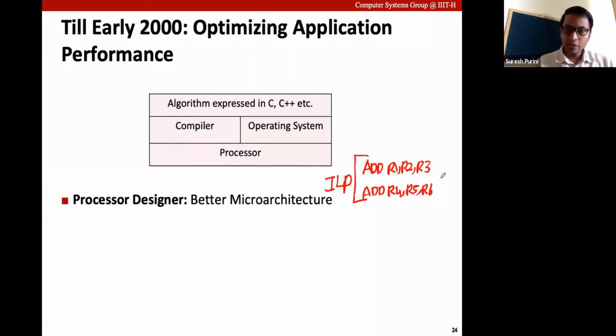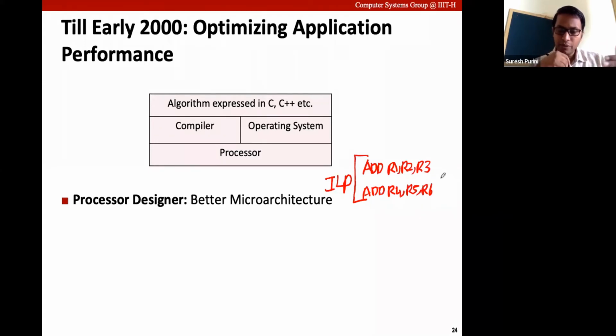Let's say these two instructions are present in an instruction stream. The first instruction means add the contents of register R2 and R3 and store it in register R1. After the processor executes that instruction, the next instruction is add the contents of register R5 and R6 and store it in R4.